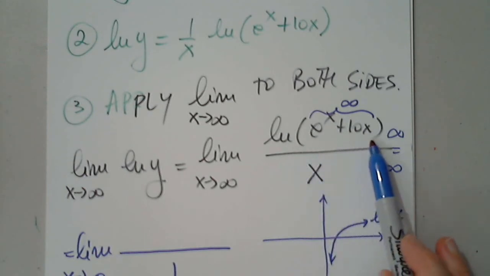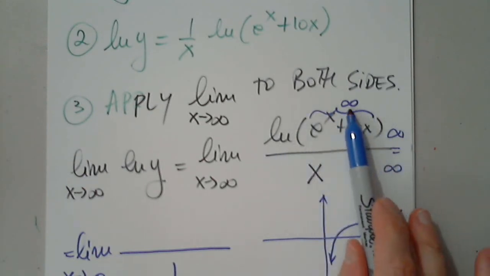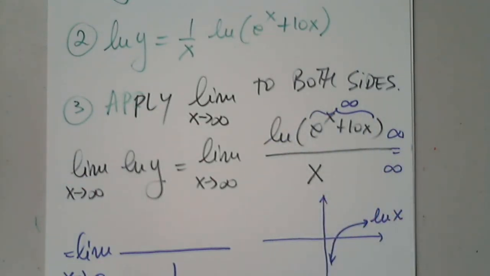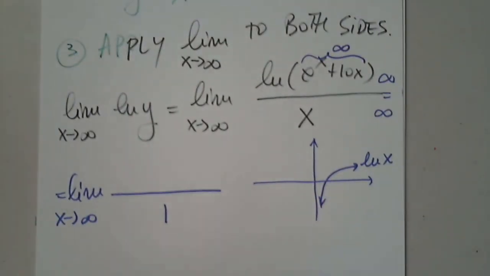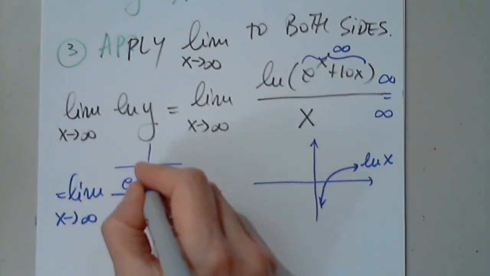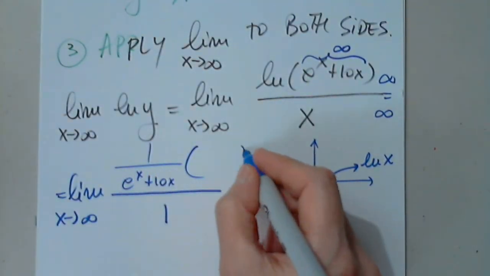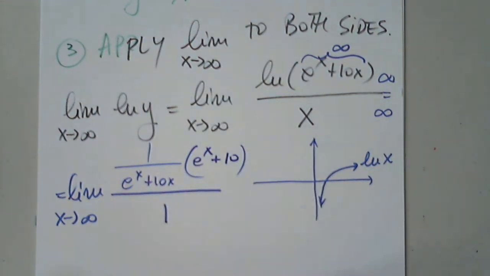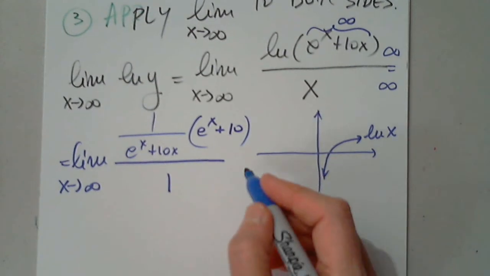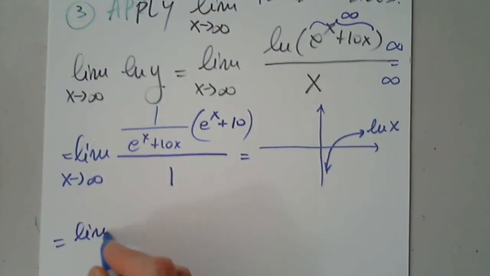Can anyone help with the derivative of this? 1 over (e^x + 10x) times (e^x + 10). Excellent, awesome. Good, I'm going to rearrange it.